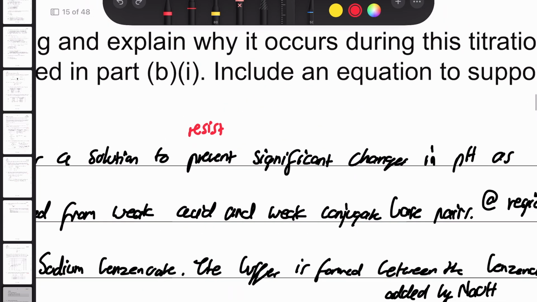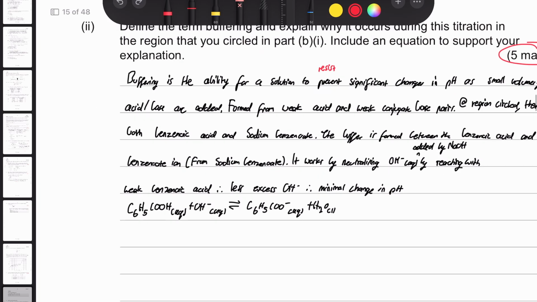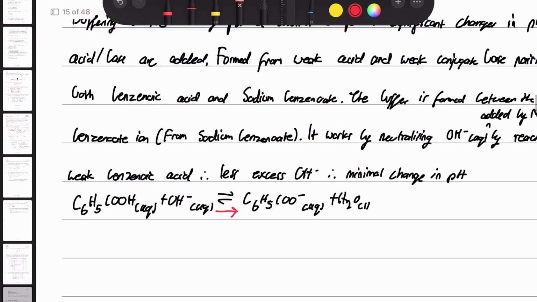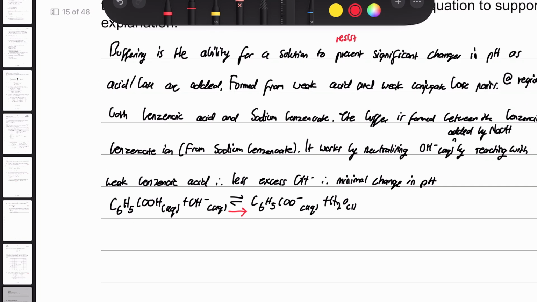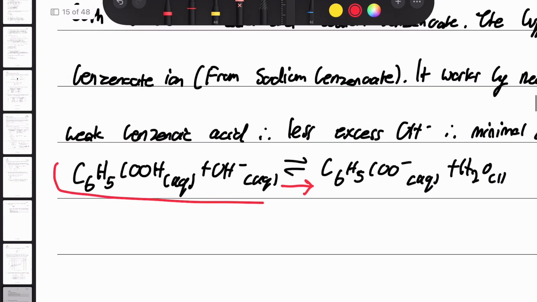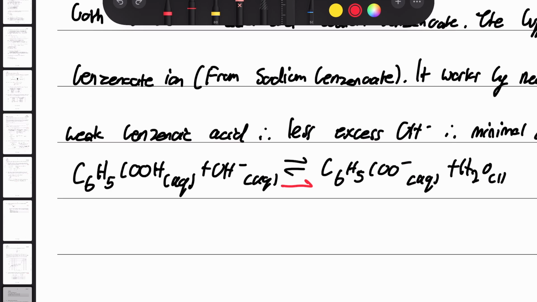Oh yeah, here I said prevent significant changes, but pH says resist. And then for this, it had a straight arrow, but then it wouldn't be a buffer equation. So this equation was in the marking key, just that the arrow was straight, which doesn't make sense to me at least.